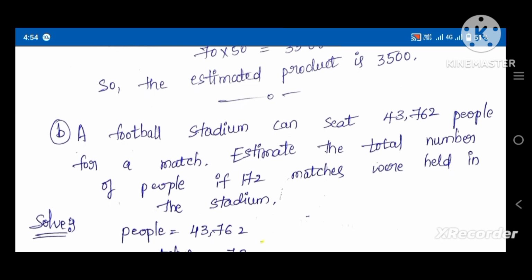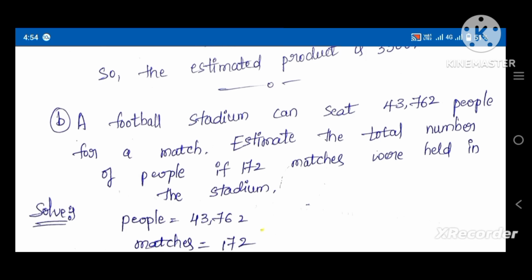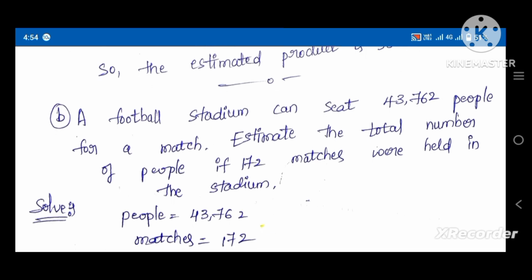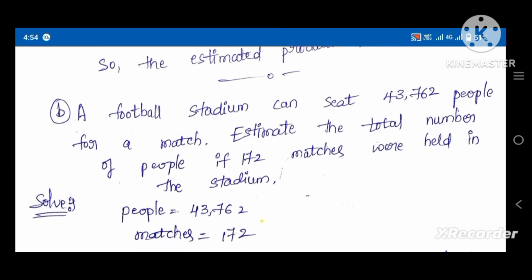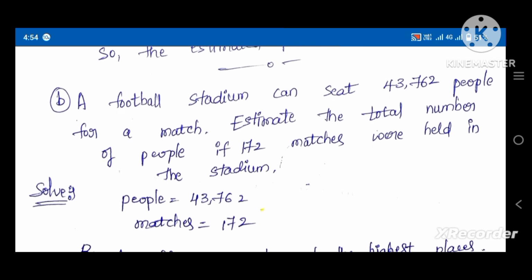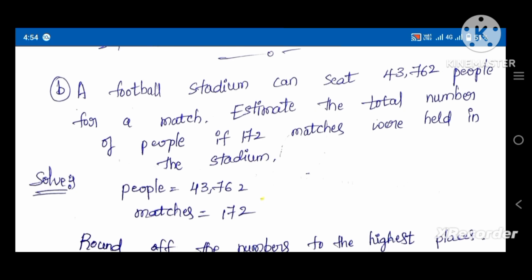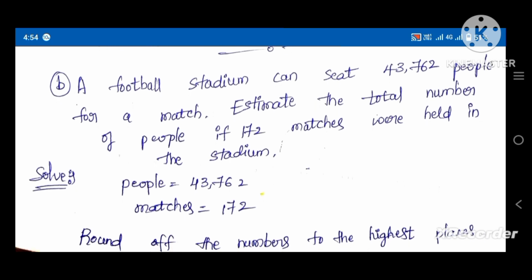B. A football stadium can seat 43,762 people for a match. Estimate the total number of people if 172 matches were held in the stadium. People is equal to 43,762. Matches is equal to 172.